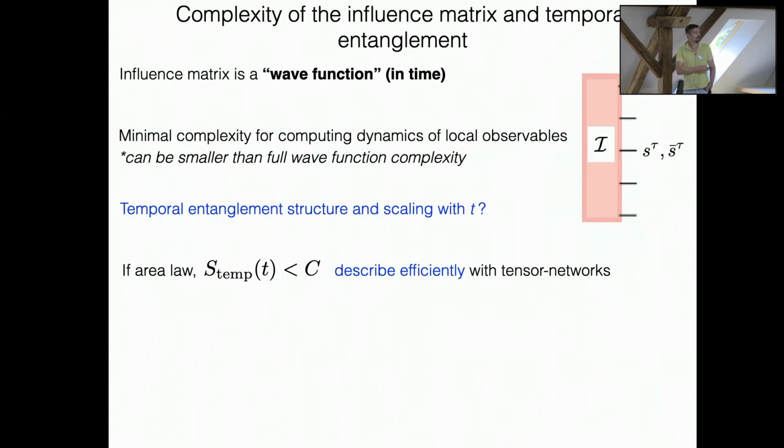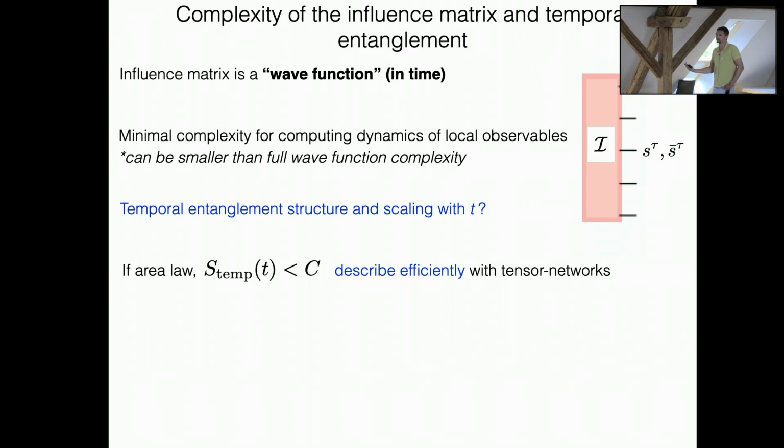And okay, so let's see what this could be good for. First of all, we note that this object has minimal complexity for computing dynamics of local observables, right? Because in working with it, I have discarded a lot of information that is living in the bath, but maybe not relevant for my local observables. And qualitatively, we can expect that there can be cases where this complexity is lower than the full wave function complexity.